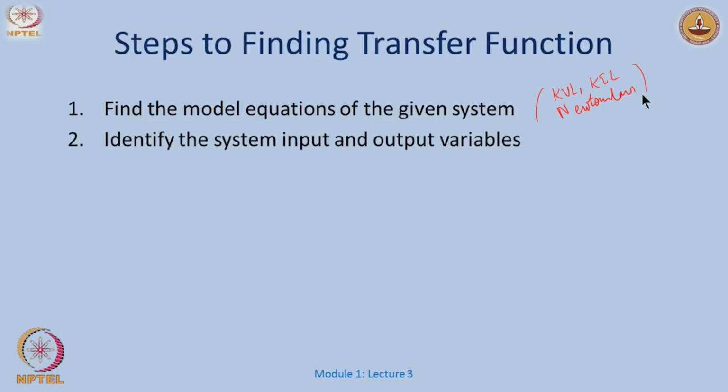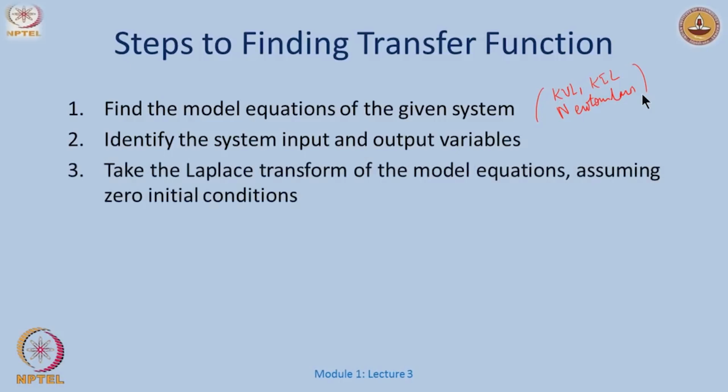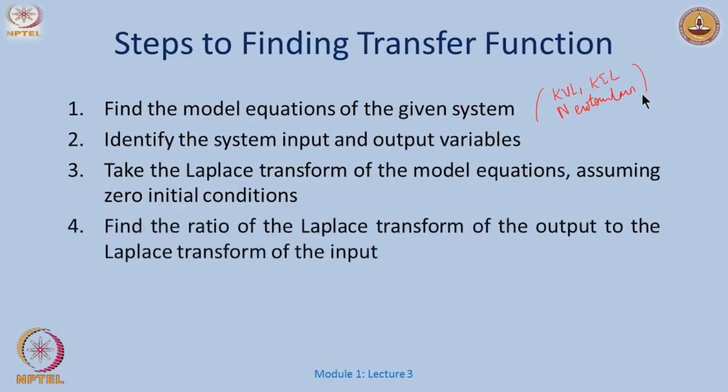Second, identify the system input and output variables, and we will see that the choice of output can be different, or it is not always unique. Now take the Laplace transform of the model equations, which are essentially differential equations, assume 0 initial conditions, and then find the ratio of the Laplace transform of the output to the Laplace transform of the input. I can always do this because it is a linear equation.